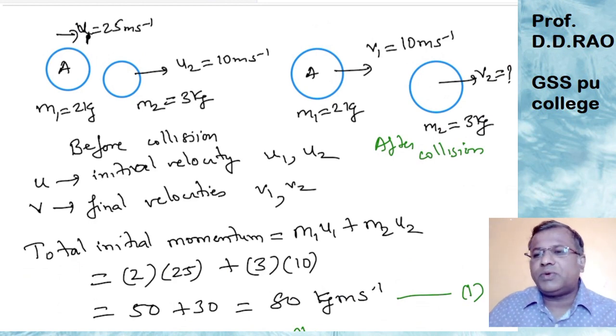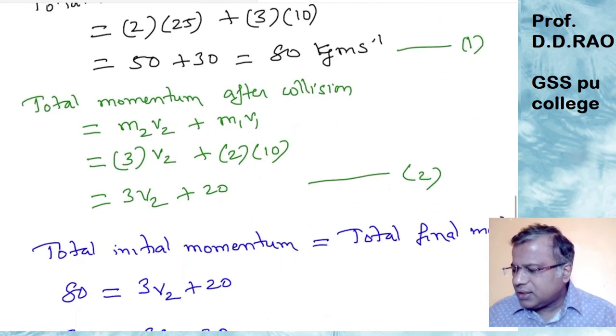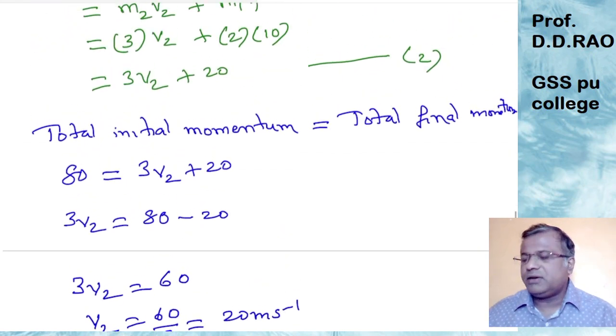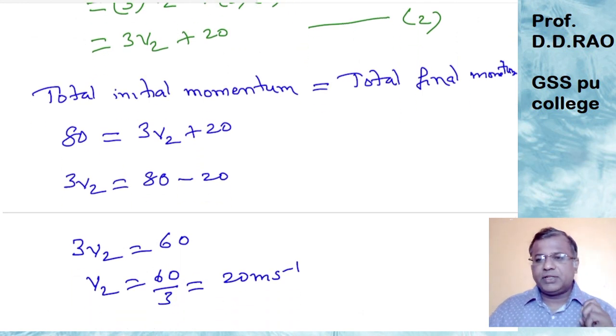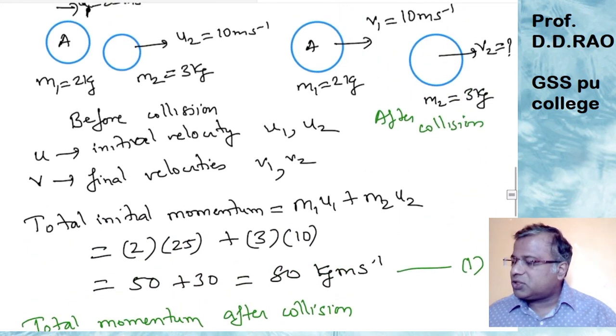Next time after collision, one is 10, other has changed to 20. But one thing is sure, that the total initial momentum must be equal to the total final momentum, right? So I was able to find with what velocity that 3 kg object will move after collision, if the value of the first object was 10.